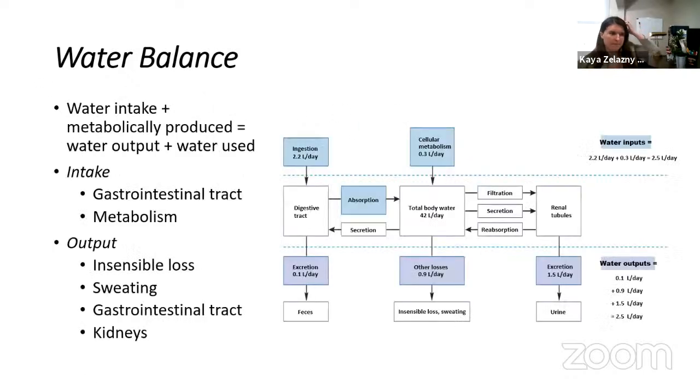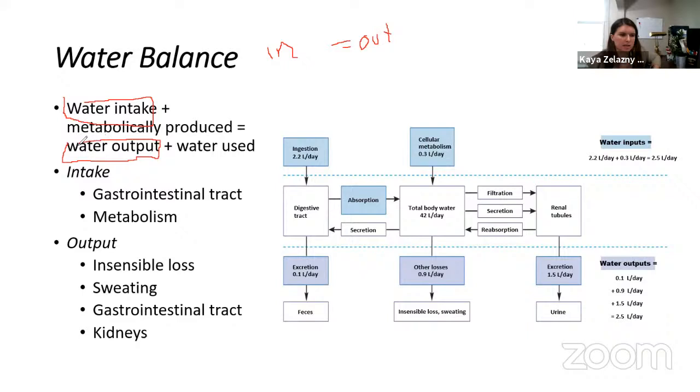Okay. Before we directly do that, just one more time about water balance. Water balance means essentially in equals out. So we have water intake equivalent to our water being output, right?